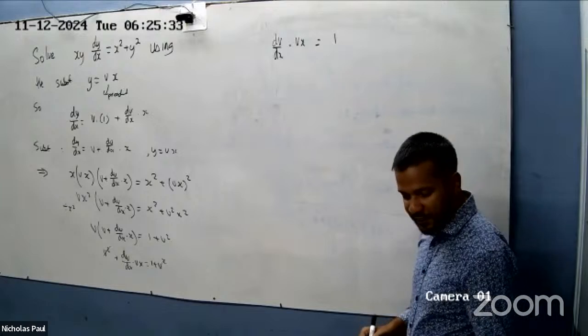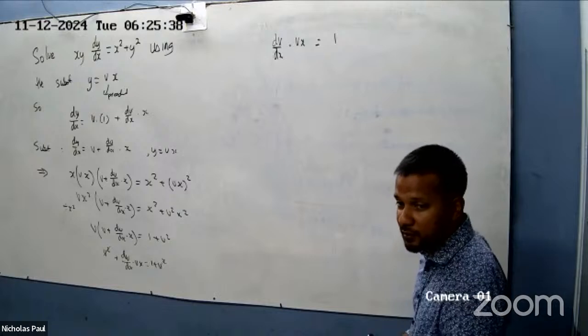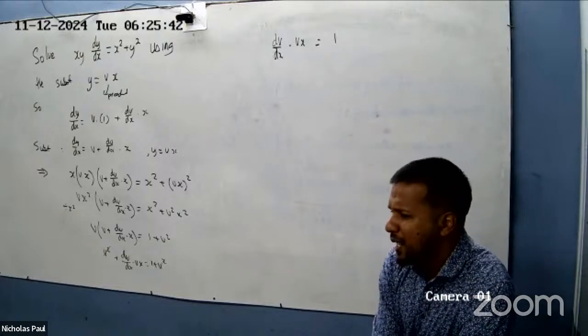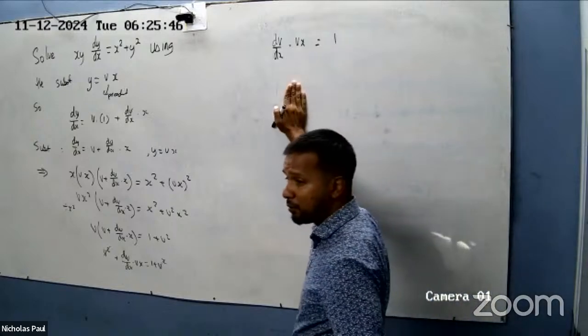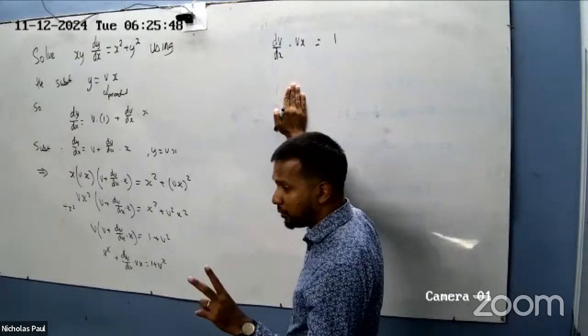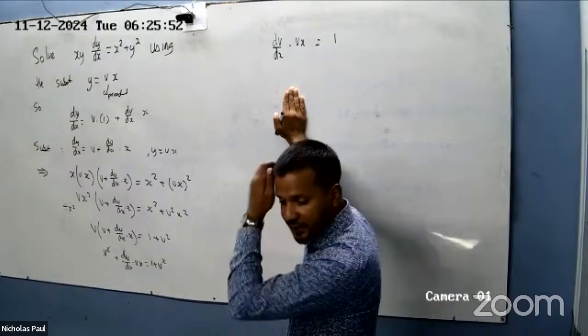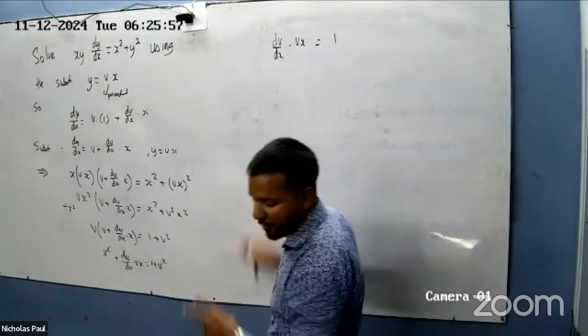At the beginning of this topic, we did something. There's something we have to do. There are two things that we learned when we had first order.